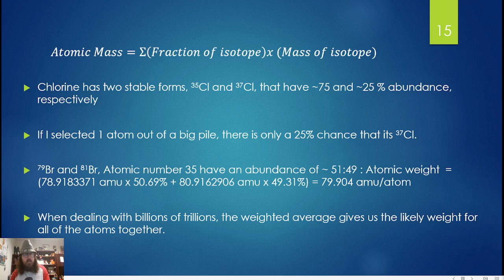In this particular case, one of the most common ones is chlorine. Chlorine has 2 stable isotopes that are moderately abundant. We have chlorine 35 and chlorine 37. They have, respectively, a 75% abundance of 35 and a 25% abundance of 37.